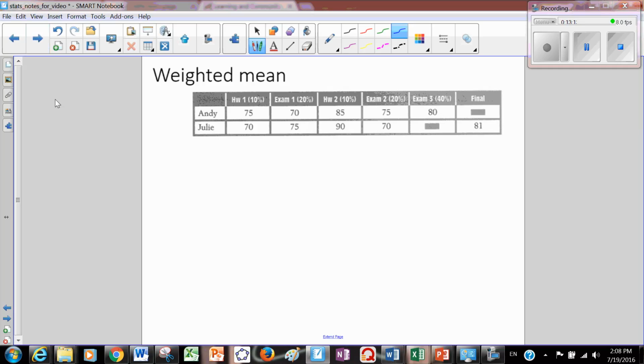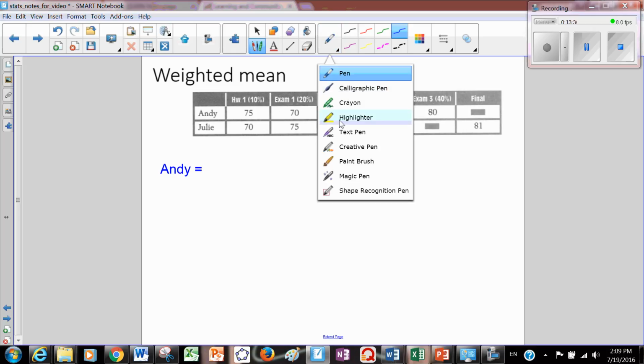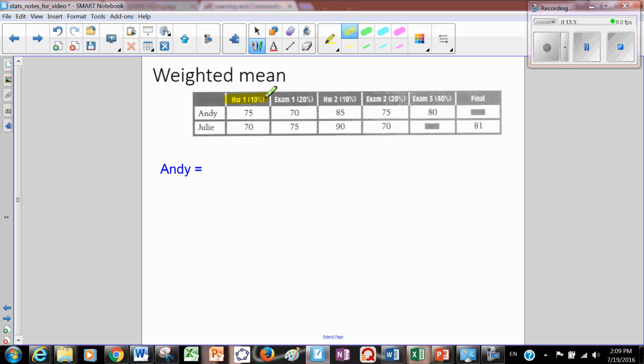The weighted mean is when, probably, you calculate your mark, right? So ND, for example, if he wants to calculate his mark, what he has to do, homework 1 counts for 10%. So here, see, homework 1 counts for 10%. He got 75%.